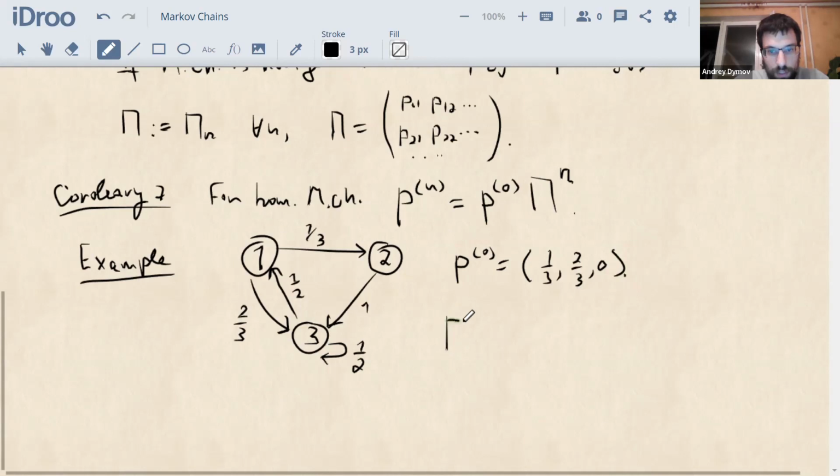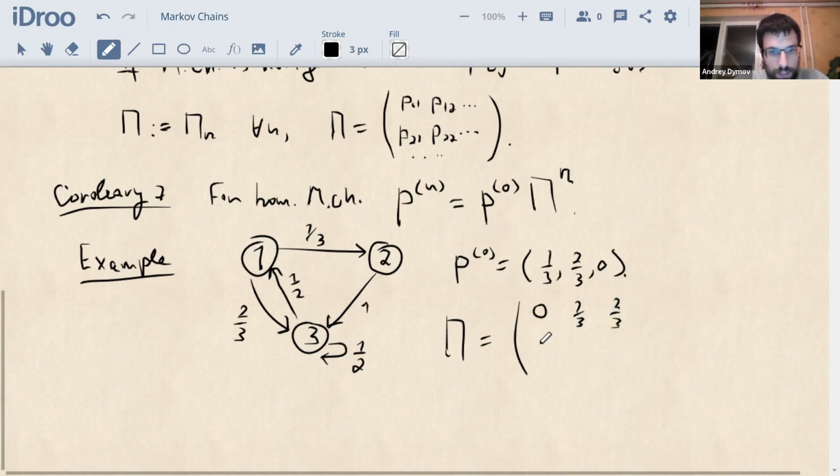Then I wish to write down the transition probability matrix. So this is a homogeneous Markov chain. The transition probability matrix looks like that. I cannot go from the first state to the first state, so here I have 0. From the first state to the second state, the probability is 1/3. From the first state to the third state, the probability is 2/3.